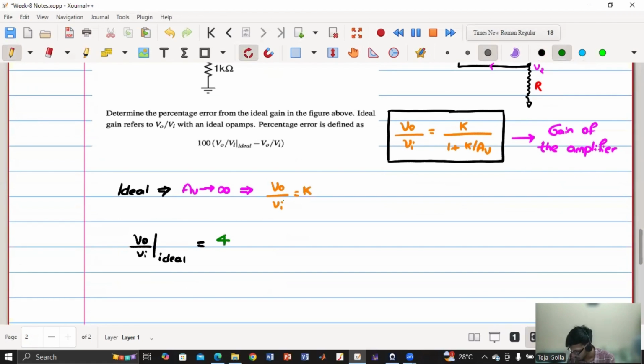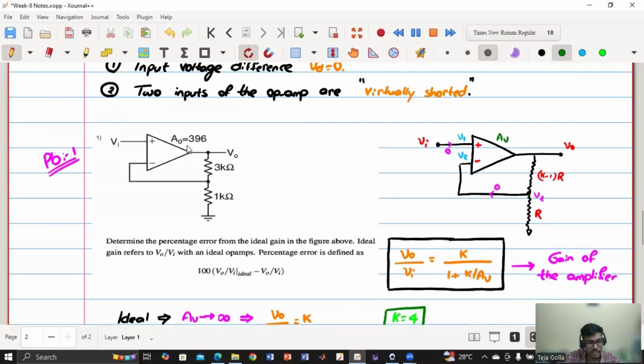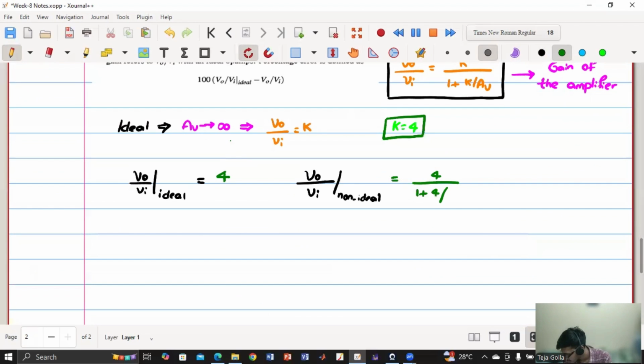So this is 4. Now let us do V naught by Vi non-ideal. So I'll write what you have just told. You have told K is nothing but 4. So K is equal to 4. Now V naught by Vi non-ideal is nothing but 4 by 1 plus 4 by AV. AV they have given as A naught, which is 396.